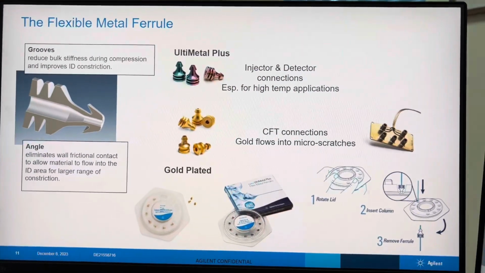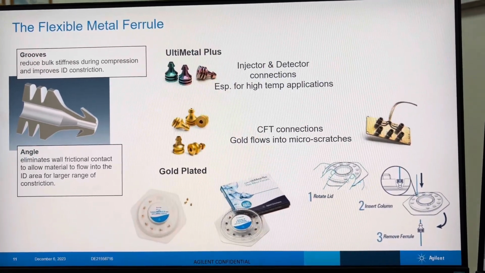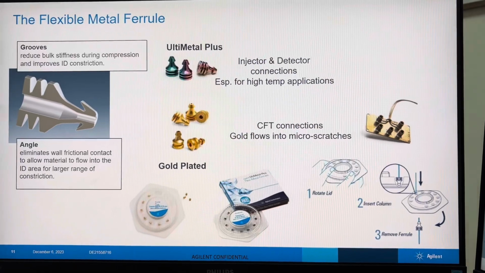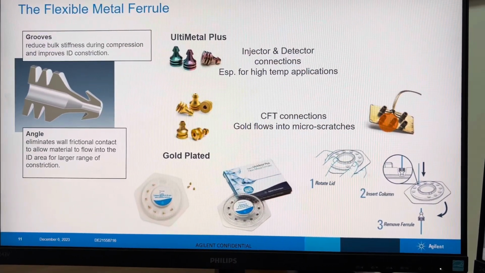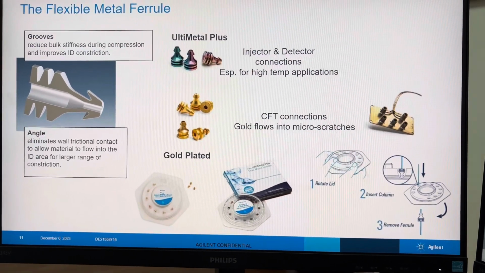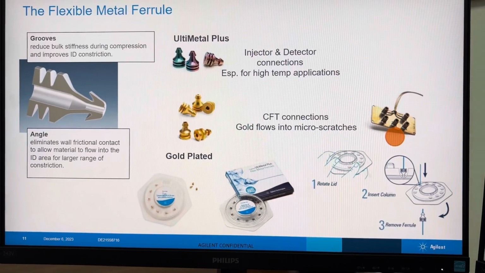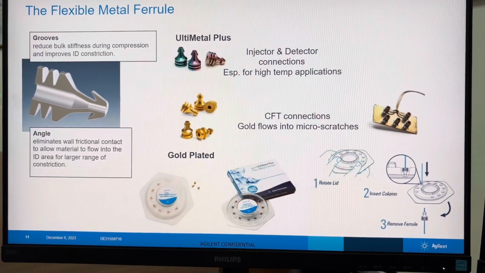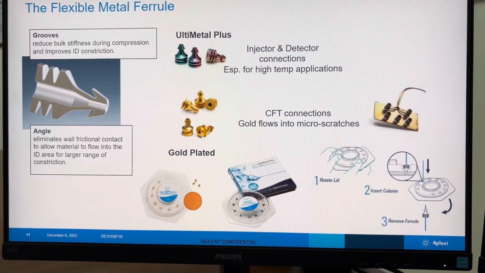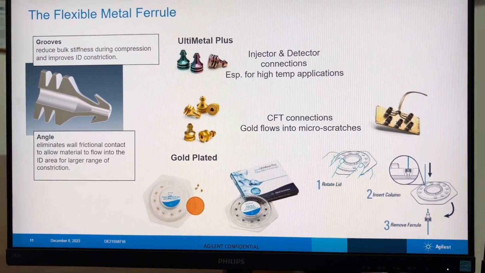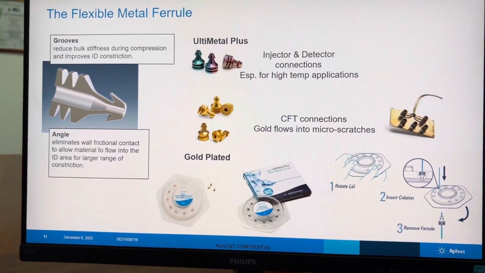We majorly use these in CFT flow technologies, where we use a backflush or connect columns together. And gold-plated or ultimetal or even graphite or Vespel graphite ferrules will come in this die packing. You can see all the ferrules come in this, to prevent contamination by touching other ferrules while taking one out.